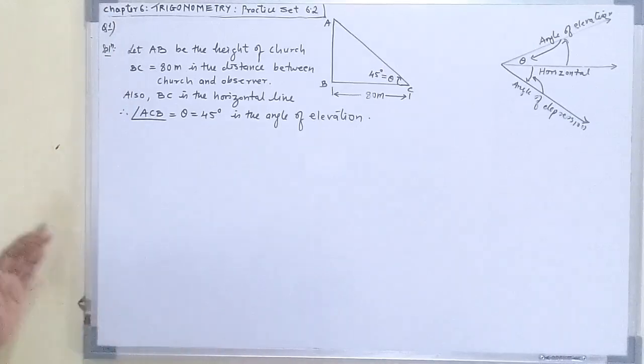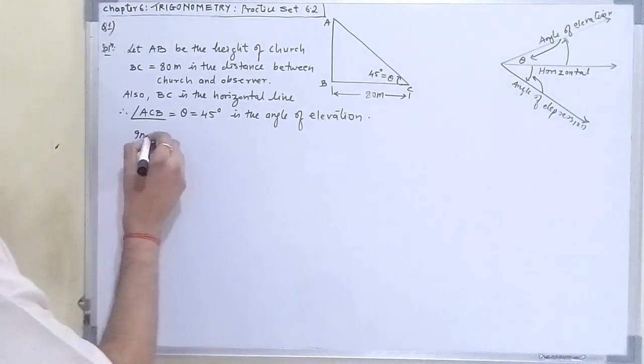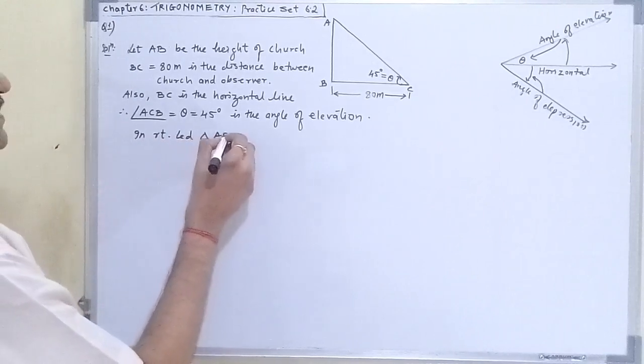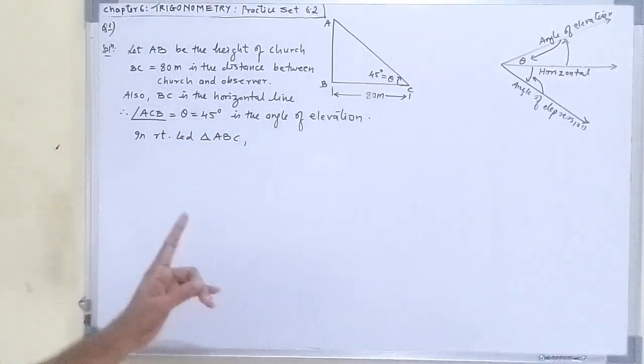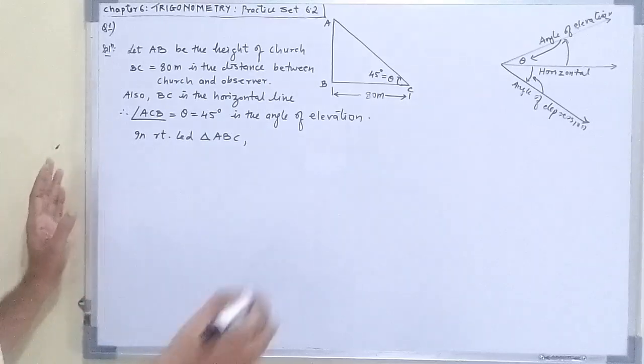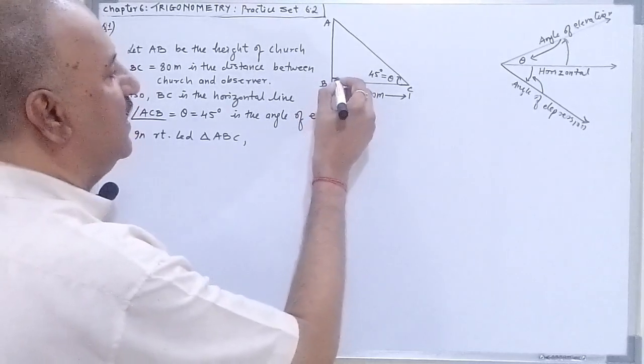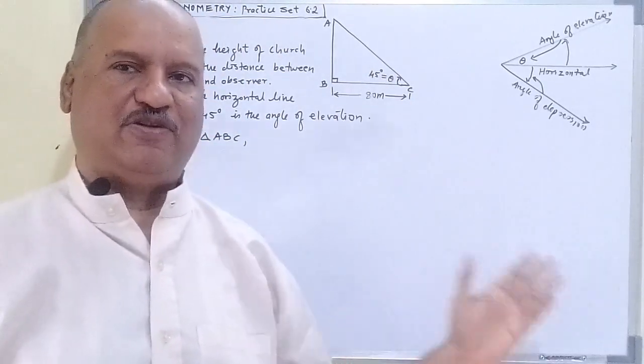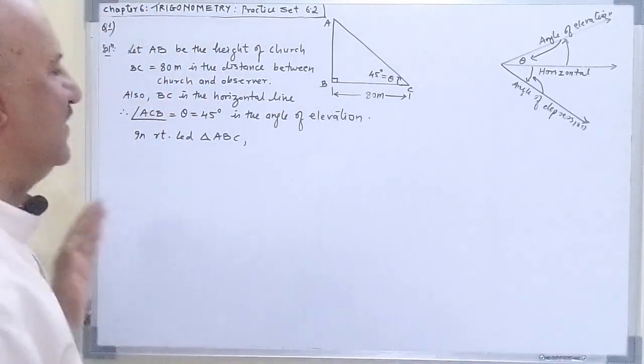अभी हम जाते हैं in right angled triangle ABC. हमें right angled triangle ABC की तरफ जाना है. ये 90 होना चाहिए because understandable है. Church is always perpendicular. Height of a wall is always perpendicular to the ground.